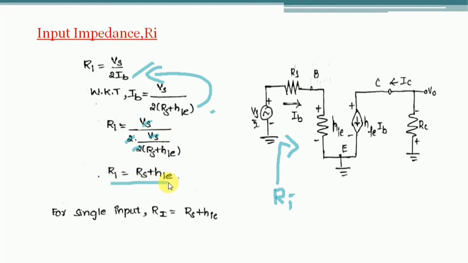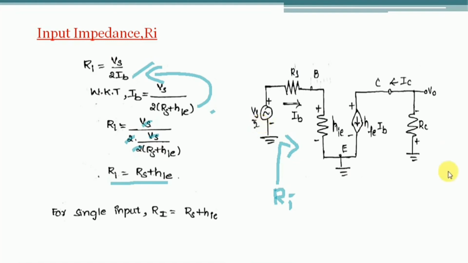Here we have derived the input impedance, which is measured at any one of the input signals with respect to ground. So for the single input, the obtained input impedance is Rs plus Hie. If you consider the dual input, we are going to have two input sources connected in series.